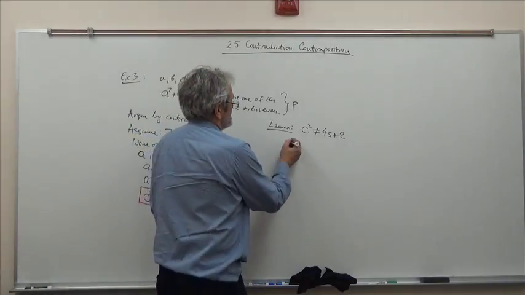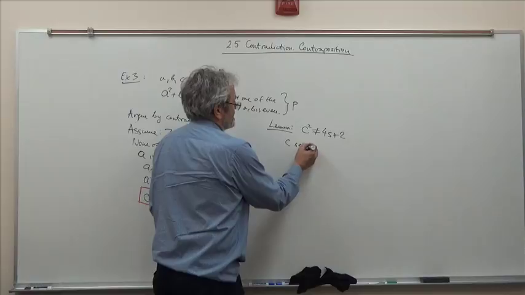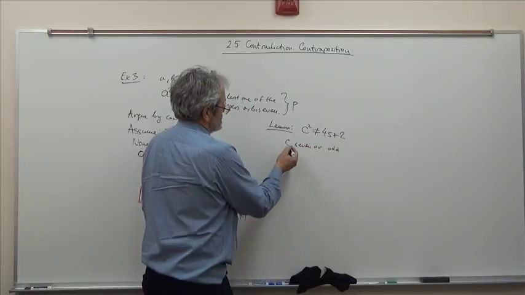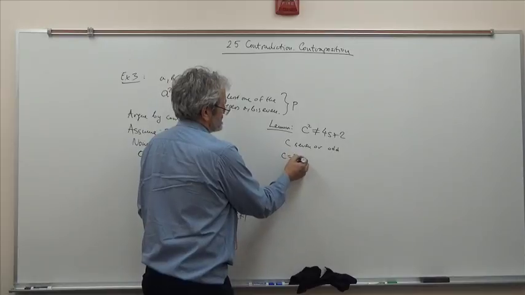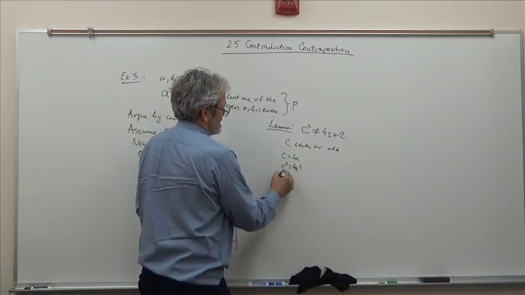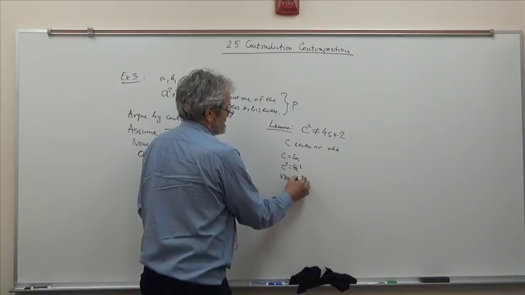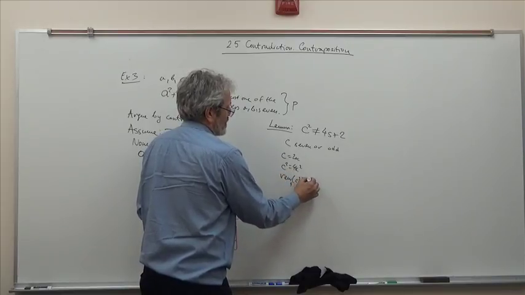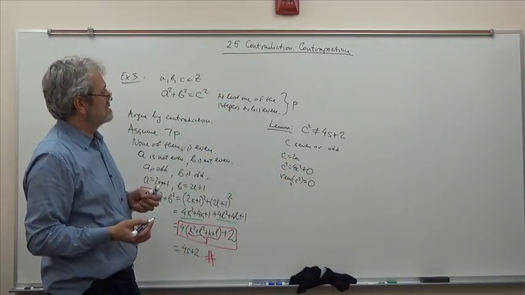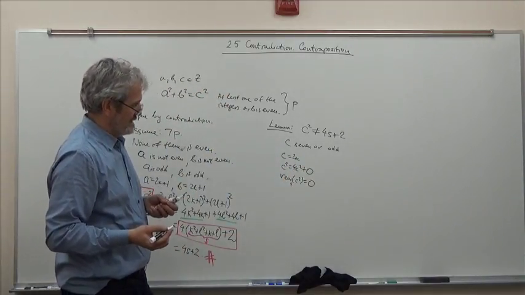Very simply, c is even or odd. So if c is even, c equals 2k, so c squared is 4k squared, so the remainder of c squared with respect to 4 is 0, because 4k squared is 4 times q plus 0.